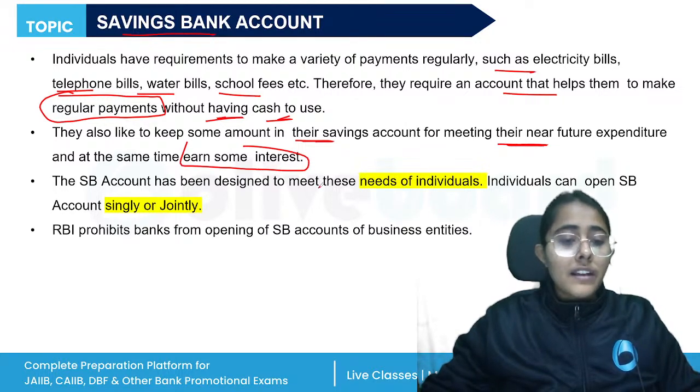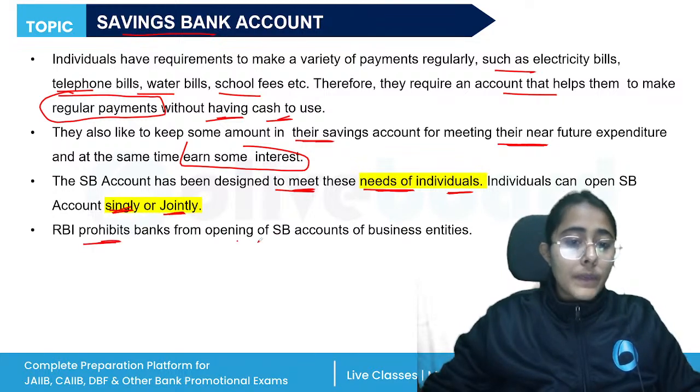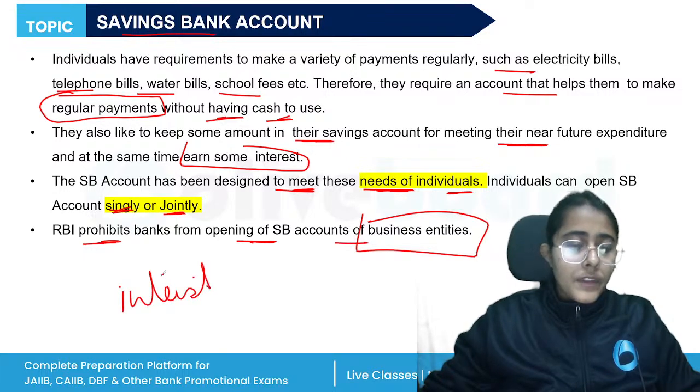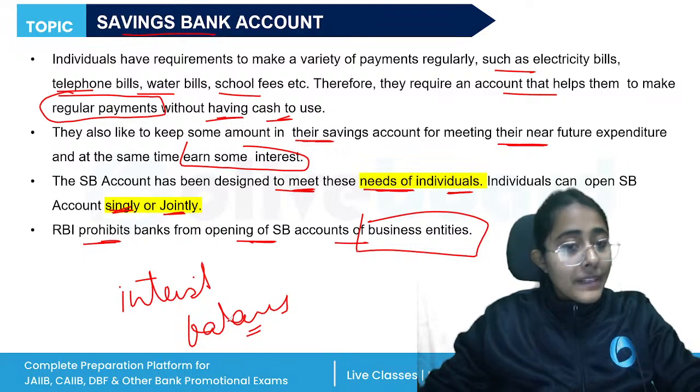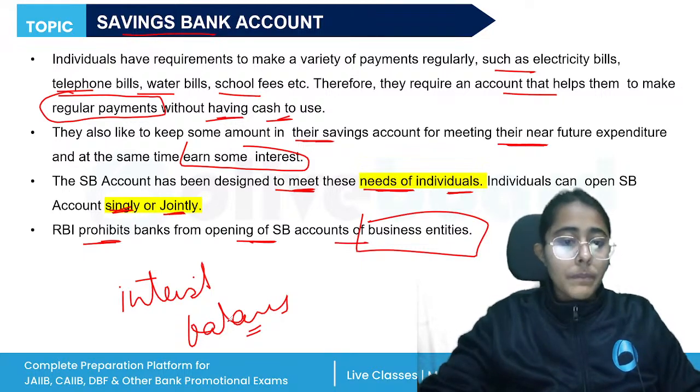So the savings bank account has been designed to meet the needs of individuals. These accounts can be opened singly or jointly, and RBI has prohibited banks from opening savings bank accounts of business entities. Some interest is also earned on the balance maintained in the account, plus regular payments can be made through the account by individuals. It also shows the income of a salaried person earned during the year.